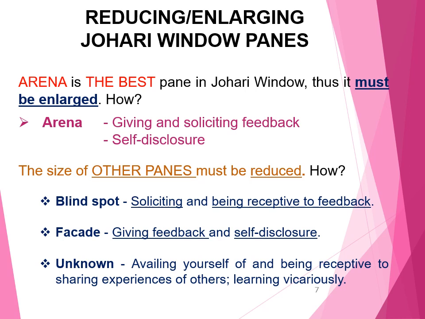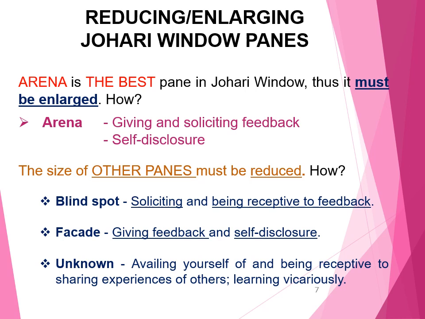Okay, as I said just now, out of the 4 situations on the pins, arena is the best one. So this pin must be enlarged. Okay, for your information, the pins in Johari window, the 4 pins the size can be enlarged and be reduced. Okay, the larger size of the pin shows that it is the best.